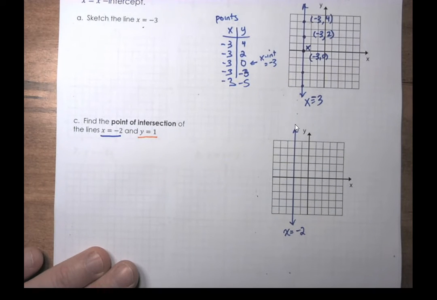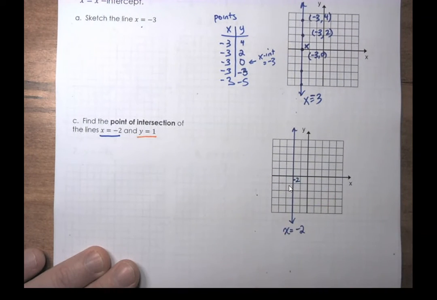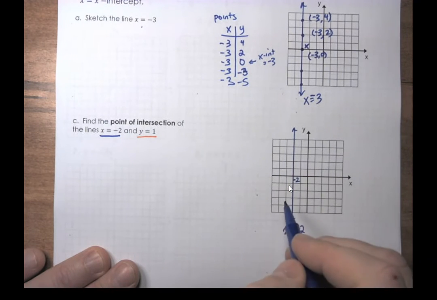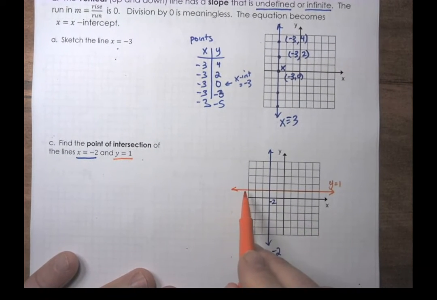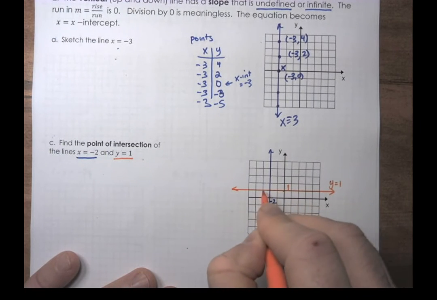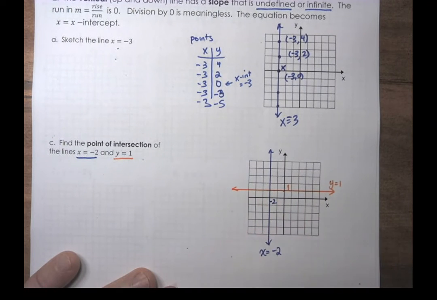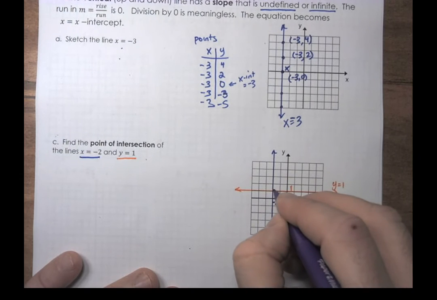Alright, so here's my first line, x equals -2, because I know it goes through x on the x-axis at -2, so all these ones are there. Here's my line y equals 1, because at y equals 1, it goes through all these values of y equals 1 going through there. And the last thing it tells us, what's the point of intersection?